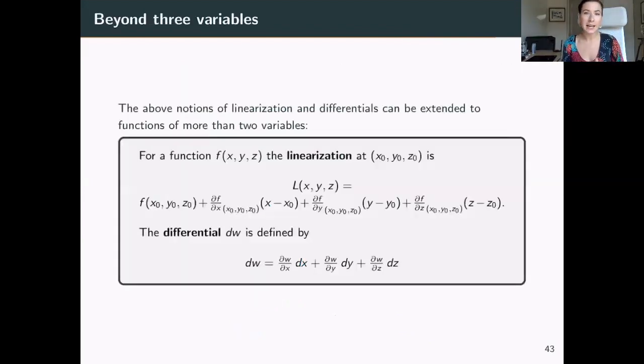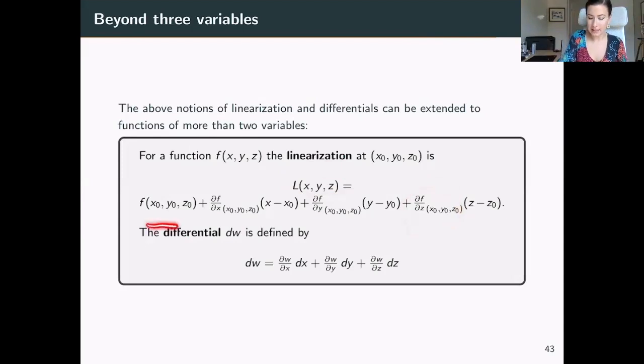We can extend the ideas of linearization to functions beyond 2 variables. It's a little bit harder to visualize though, because we don't have a surface, we have a kind of volume, and this is really weird to think about. So the formulas though are always going to be exactly the same, except we're going to have an additional partial derivative because I have a function of x, y, and z.